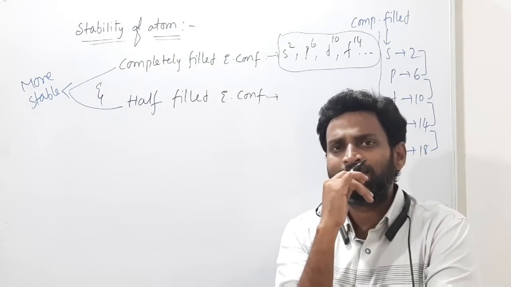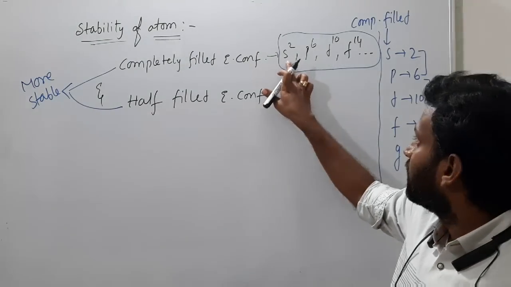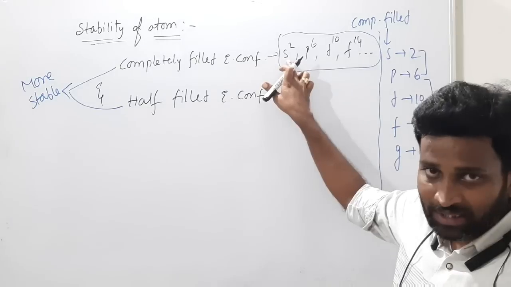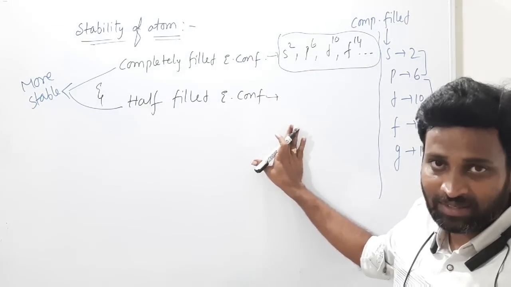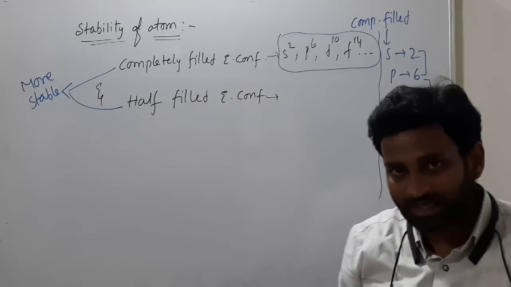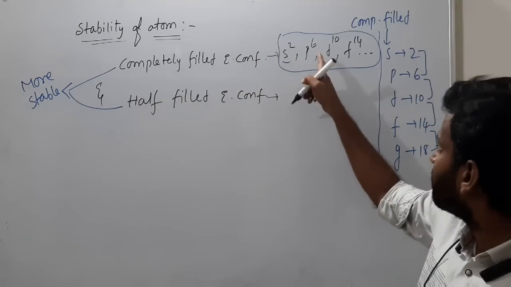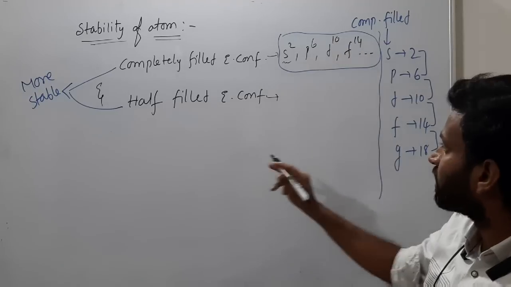No, s1 is not stable. I repeat, for the s subshell we do not consider half filled. Is it clear? So completely filled we consider for s as 2, p as 6, d as 10, f as 14.